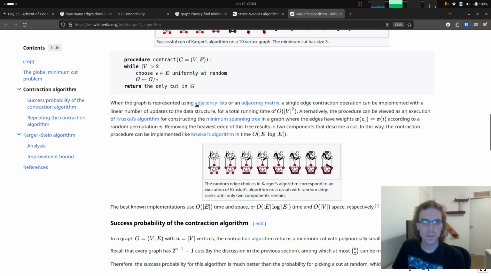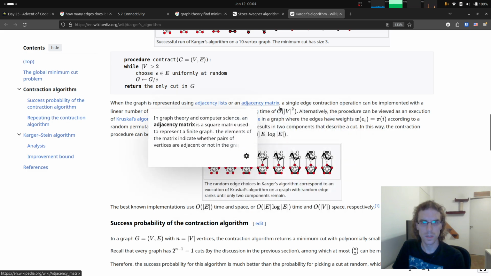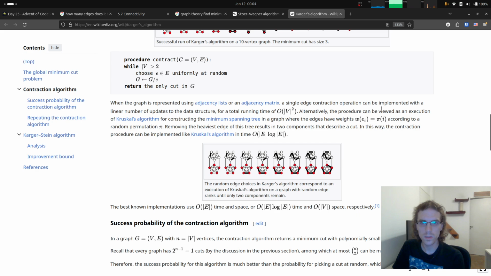When the graph is represented using adjacency list or adjacency matrix, a single edge contraction operation can be implemented with a linear number of updates to the data structure for a total number of O(V squared). Okay, yeah, this thing runs in O(V squared).